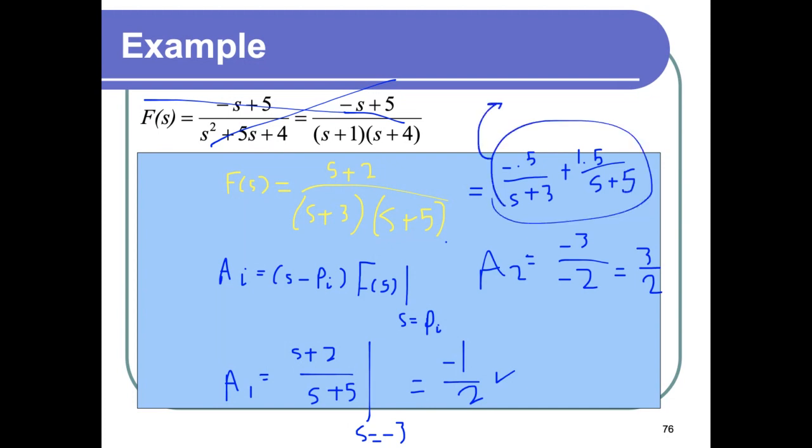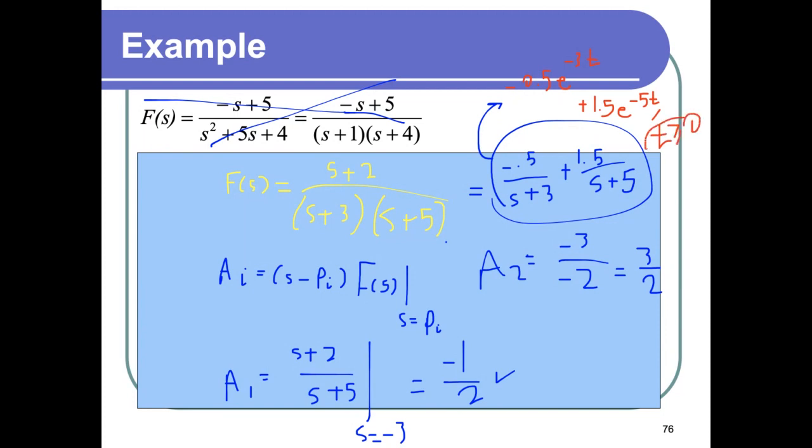This function? Yes, Abdul Wahab. Minus 0.5 e to the power of minus 3t plus 1.5 times e to the power of minus 5t, and t is greater than or equal to 0.